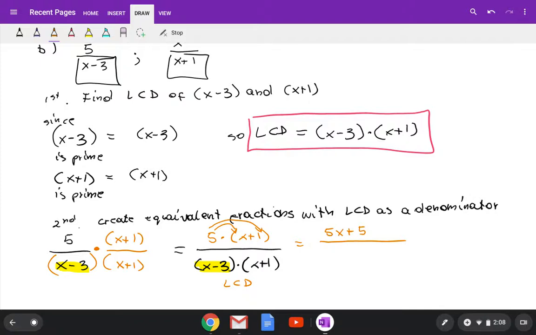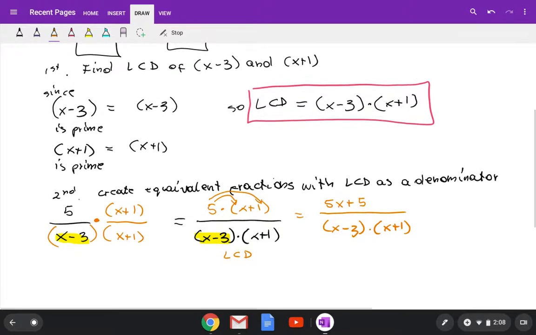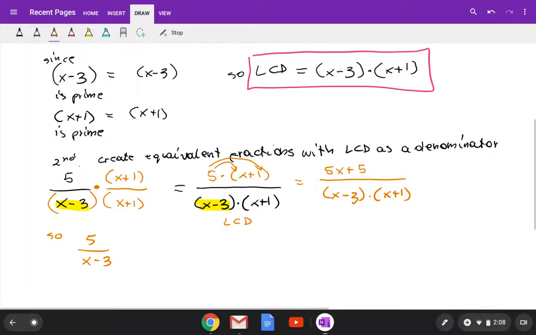So keep it as x minus 3 times x plus 1. So we built an equivalent fraction. So 5 over x minus 3, which was our original rational expression, is the same as 5x plus 5 over x minus 3 times x plus 1. They are both equal, they are equivalent.